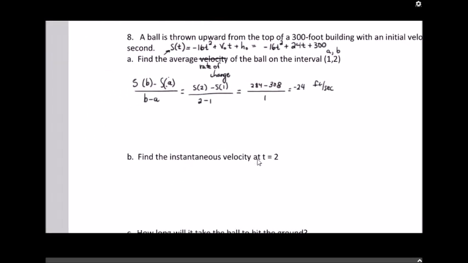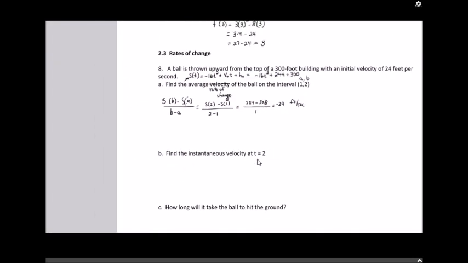The instantaneous velocity is something different. Instantaneous velocity is v of t. It's not an average velocity, it's not an average rate of change. v of t is equal to the derivative of the position function. So in this case, it's going to be negative 32t plus 24.